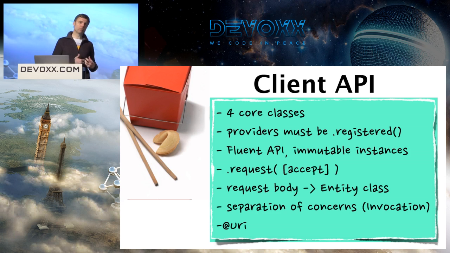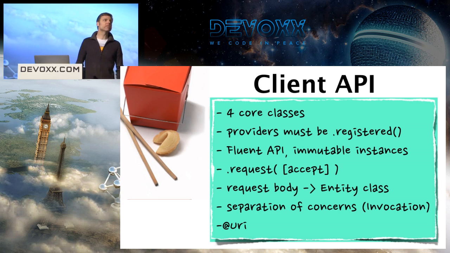Then to prepare the request and fill the accept header, we have the request method. To provide a request entity, you need the entity class. And we have a potentially very powerful separation of concerns using the invocation and invocation builder.